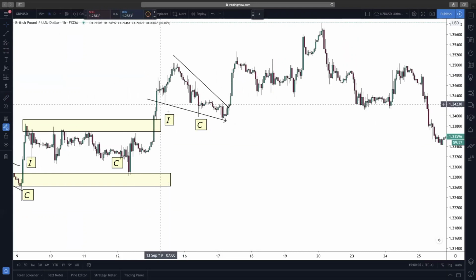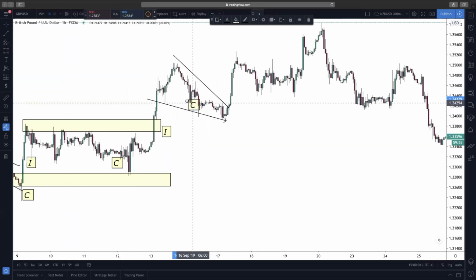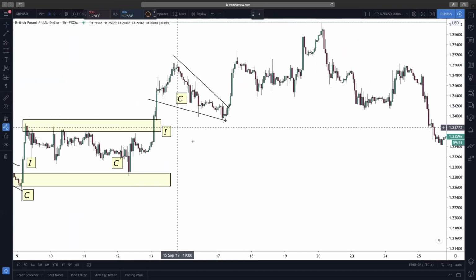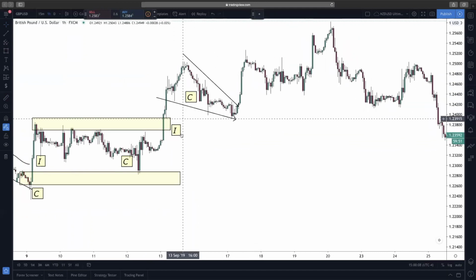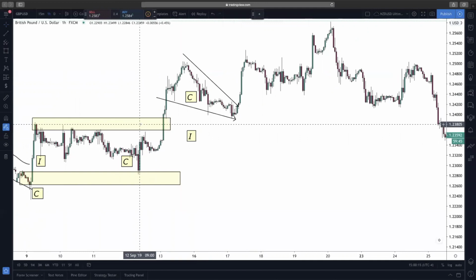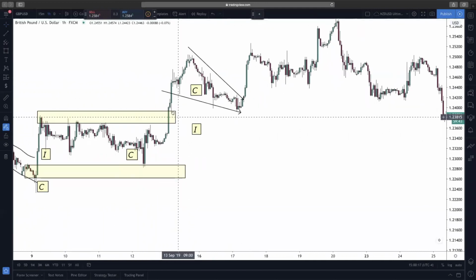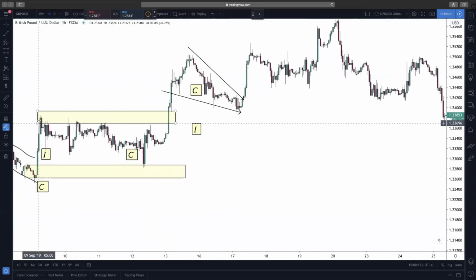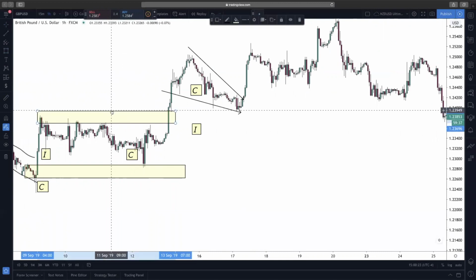Okay, and like I said beforehand, the correction usually goes back to where the impulse originated. So in this instance, it's a bit different because what we're doing here is in this entire zone, let me just clear this up a bit.